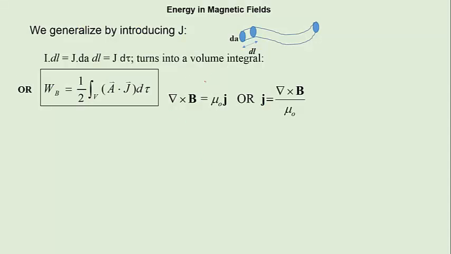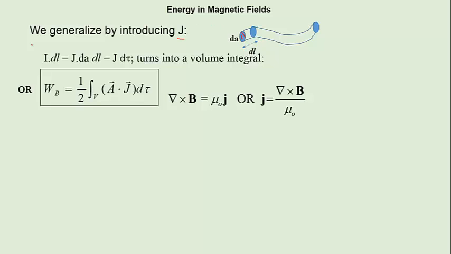Well, we're going to generalize this by introducing the current density. And to do that, we consider a current flowing through this region of space right here. It could be a wire, but let's just call it a region of space. And that region has a cross-section of dA and has a length dl right here.